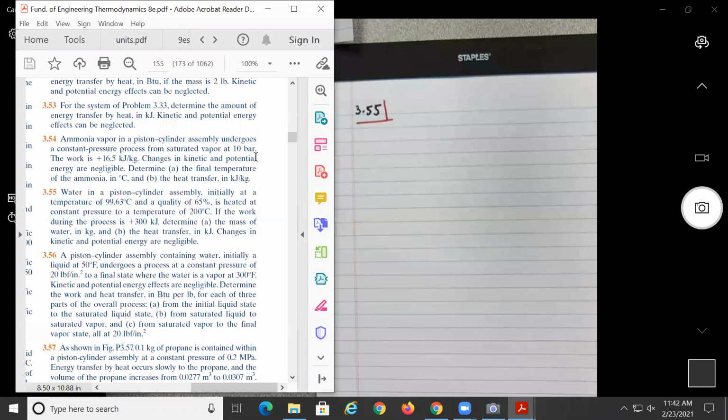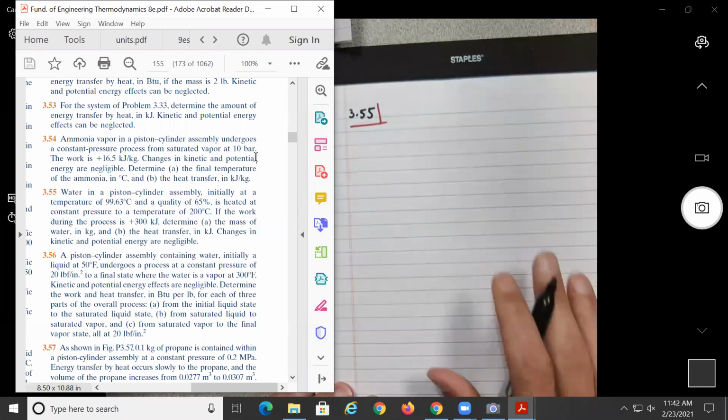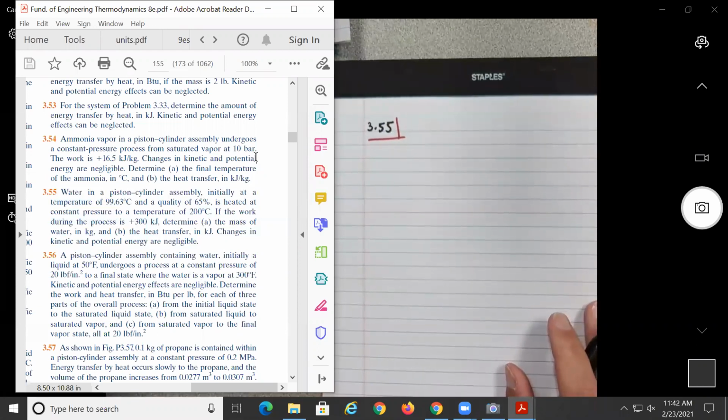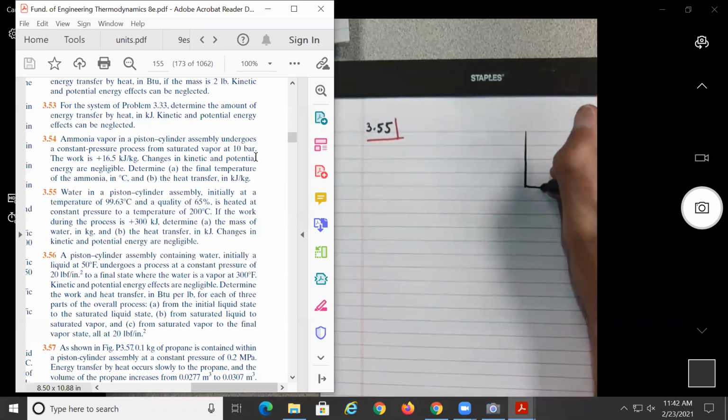This is a problem. So what you need to do, as I read the problem statement, what I'll be looking for, for example, on an exam, or take-home exam, or an in-class exam, but it's not going to happen, will be what? Water in a piston cylinder assembly. As soon as I read piston cylinder assembly, what do I sketch?